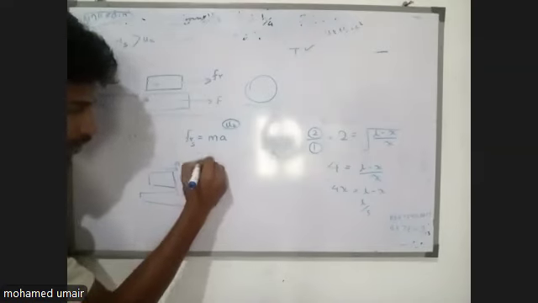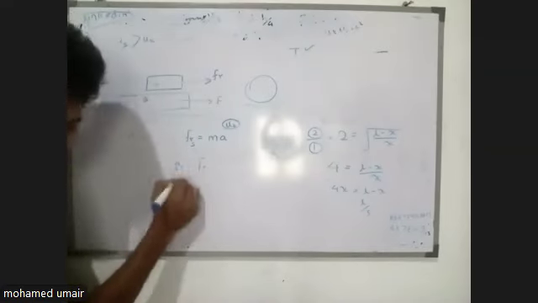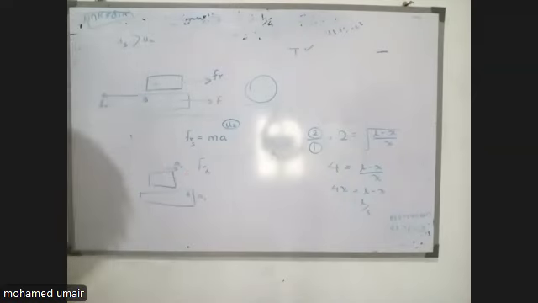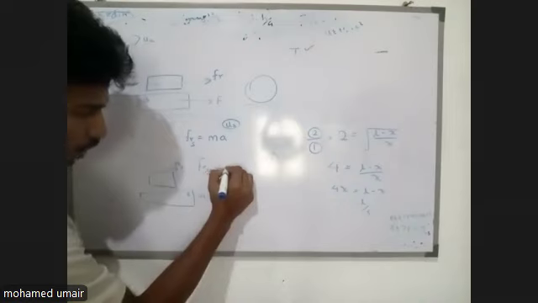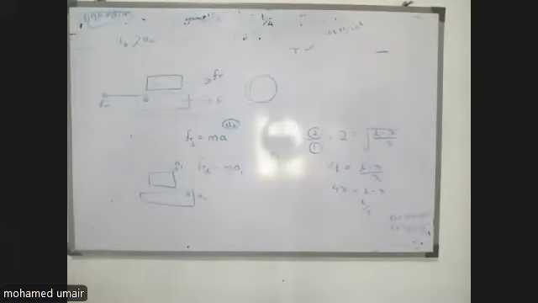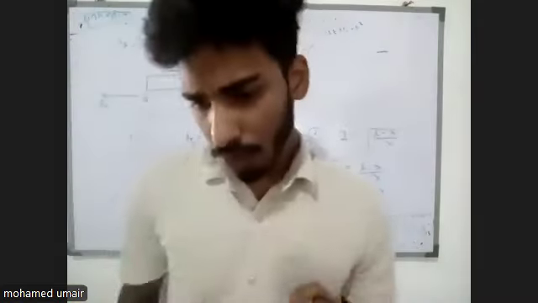So now when you write the equation, I have dynamic coefficient. It is FRD, which is equal to MA1. And also I said they have made a small mistake. A constant horizontal force.